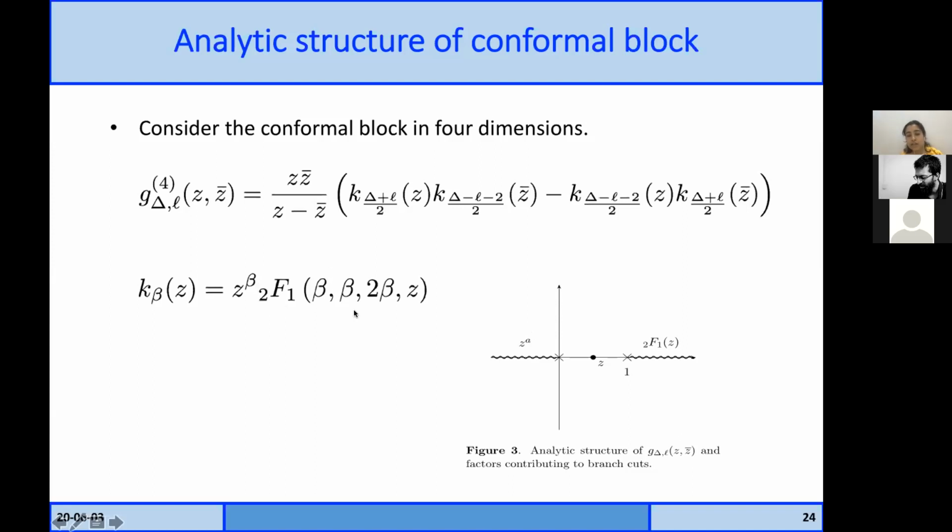And there is also a branch cut from the hypergeometric function, which starts at 1 and it goes up to infinity. So these are the 2 branch cut structures. So you can see that if you just take this hypergeometric function, use the integral representation of this, then you will see that it has a branch cut structure from 1 to infinity.